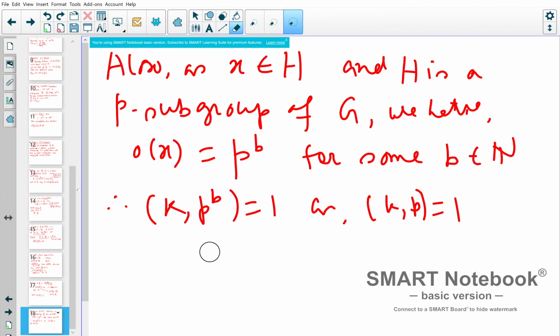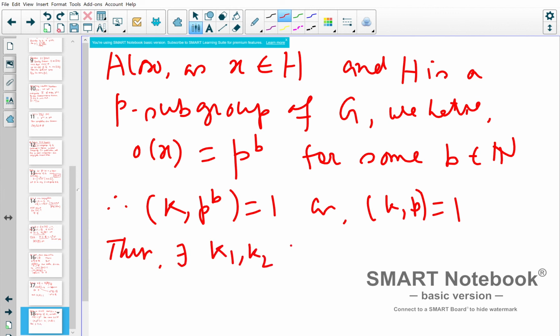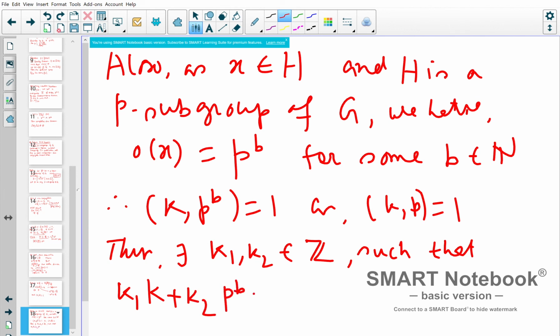What does the Bézout lemma tell you? It tells you that there exist k1, k2 belonging to the integers such that k1 times k plus k2 times p^b is equal to 1, right?